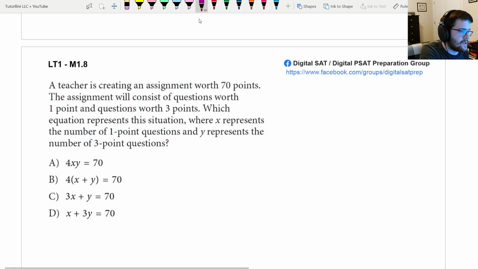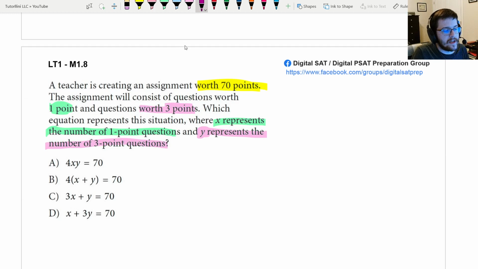Assignment's worth 70 points. Okay, so that makes sense. It has all these equal 70s over here, so that's not really any different in any of them. So let's try reading the rest. We have questions worth 1 point, and the number of those is represented by x, and then we have questions worth 3 points, and the number of those is represented by y.